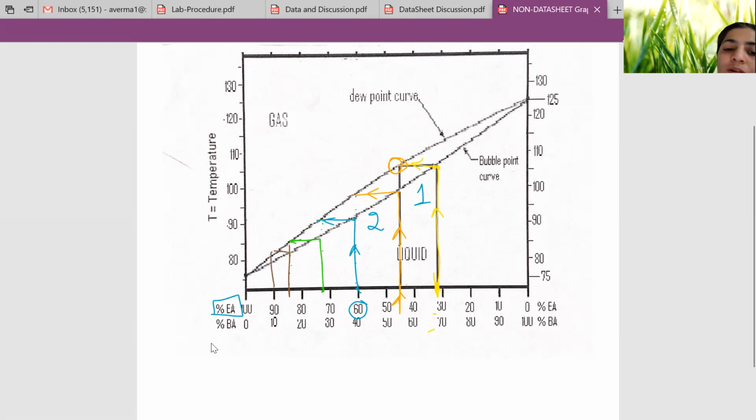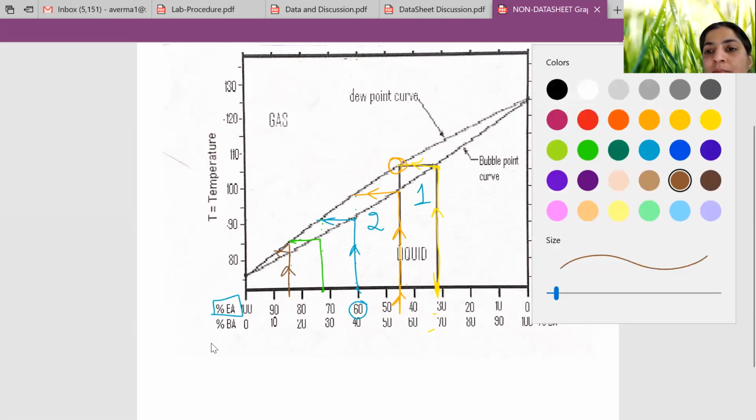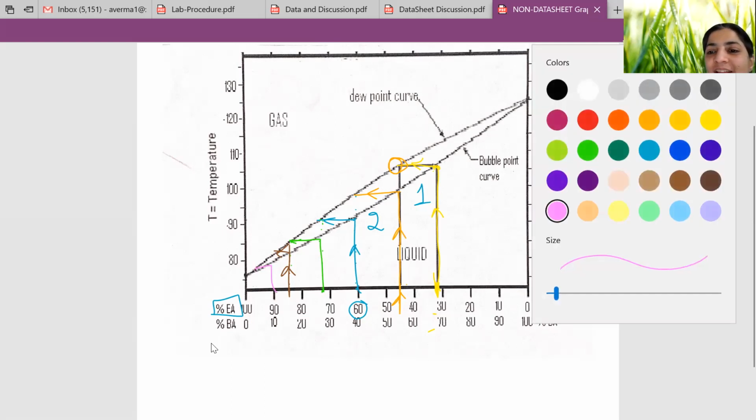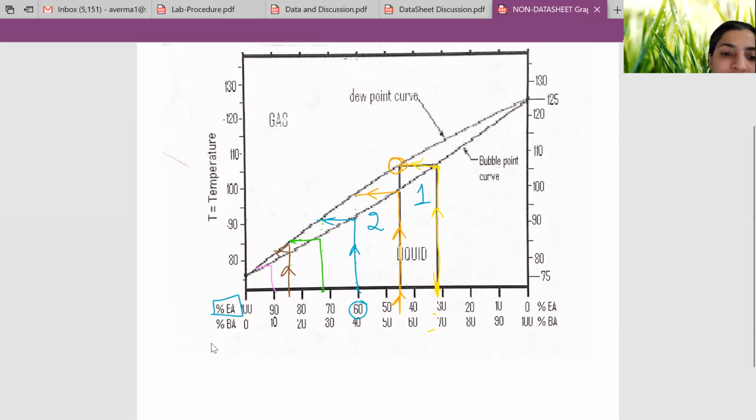Evaporate, cool, observe the composition, evaporate, cool, observe the composition, and then finally you will get the pure material.